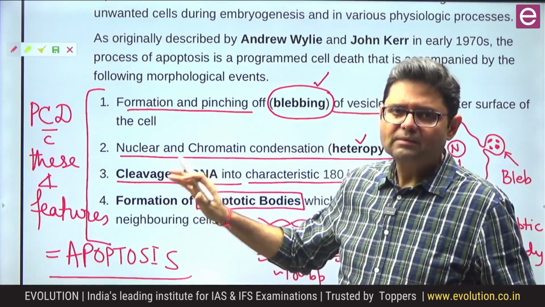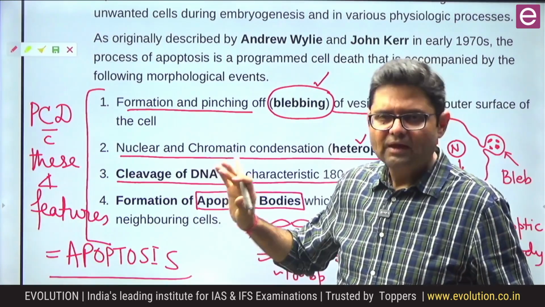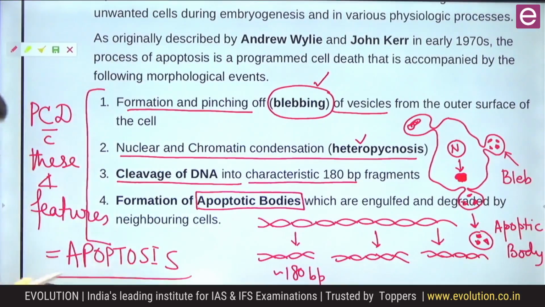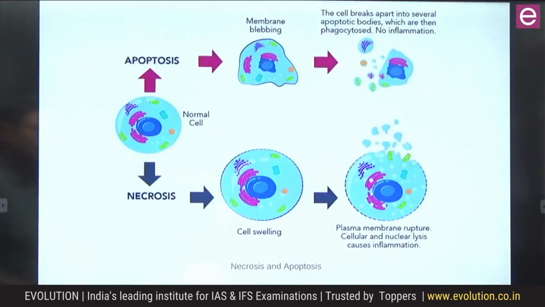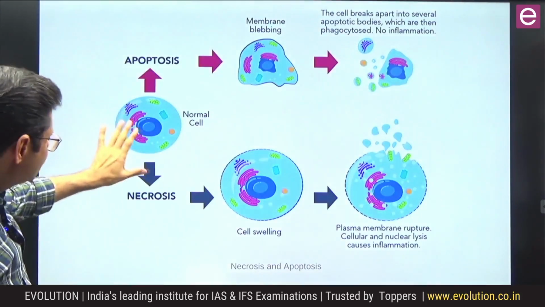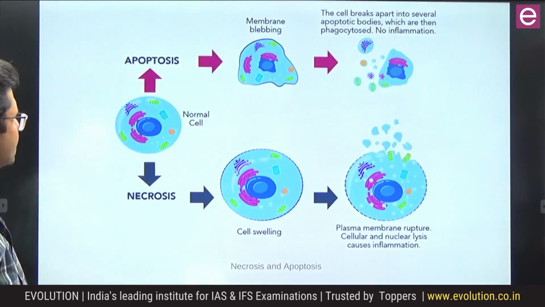So animal cell PCD is apoptosis. I hope you have understood this much. Now, take a look at this diagram, which is going to come on your screen now, and then you see how diagrammatically you can make a distinction between these two processes.